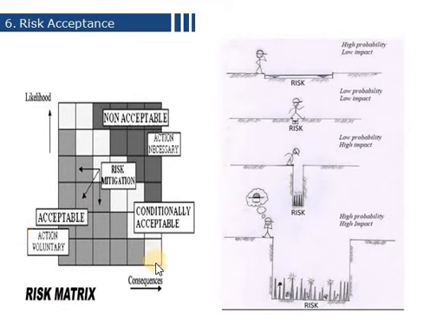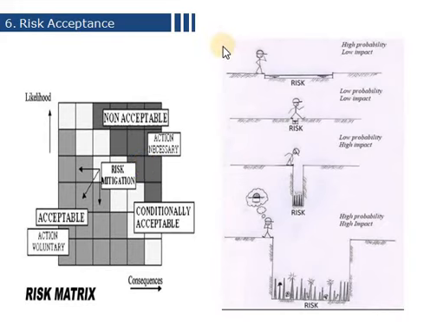If the consequences are high, however, and the likelihood is low, then this risk will be conditionally accepted. However, if the consequences are high and the likelihood is high as well, then this is a non-acceptable risk, and action must be taken as soon as possible.